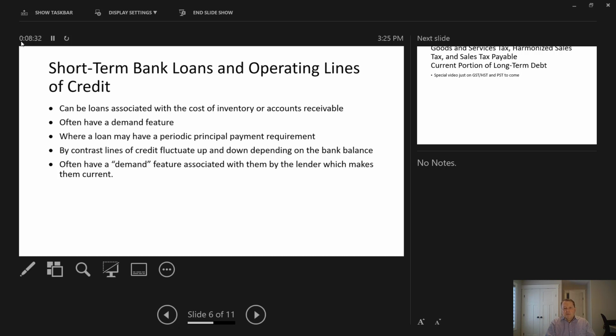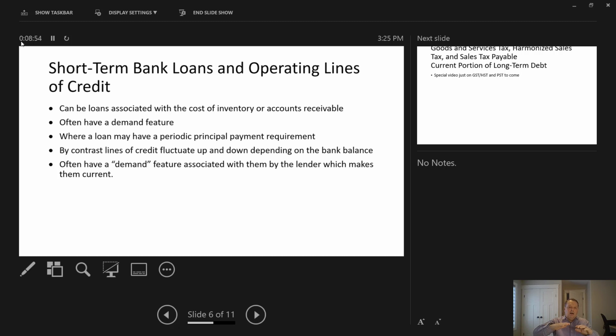So, for example, maybe again it's a $100,000 loan, and we've agreed to pay $10,000 a month on that in principal. We'll pay whatever the interest is. We have to do that, but we can pay, say, $10,000 a month in principal, and the bank loan would tell you what you do and don't have to do in that case.